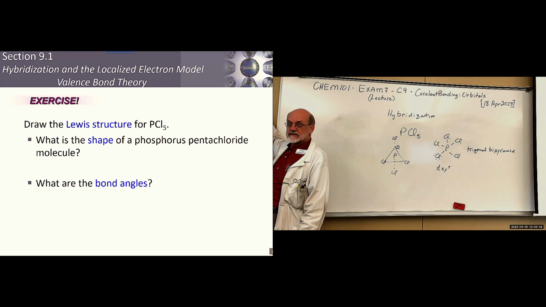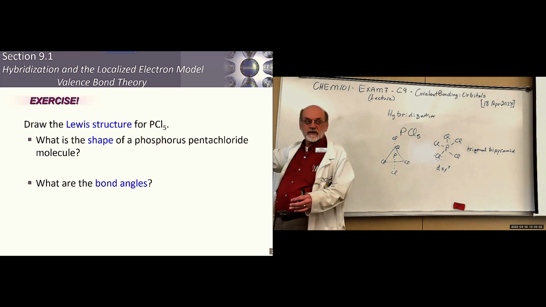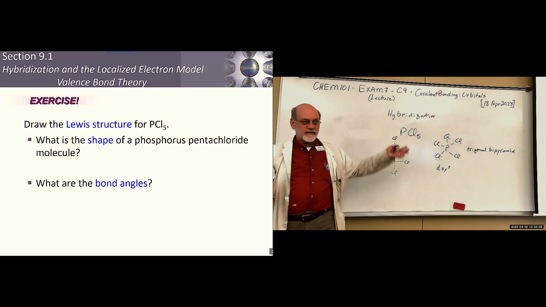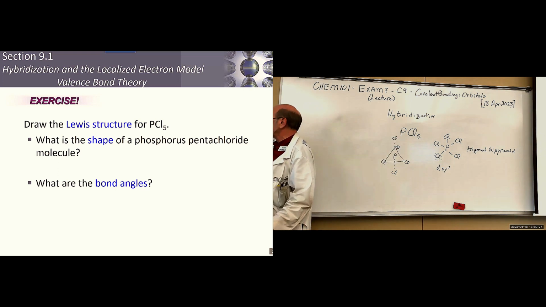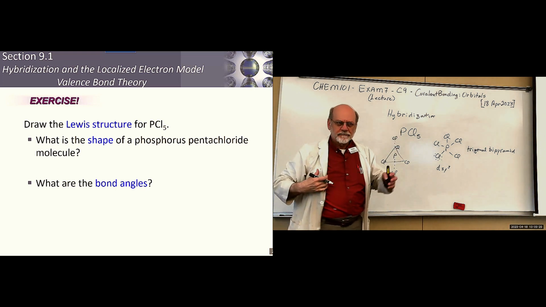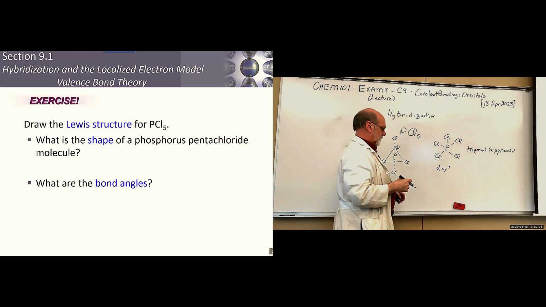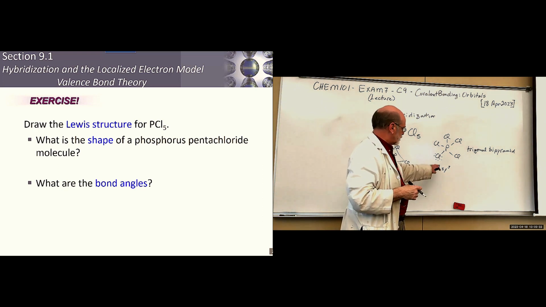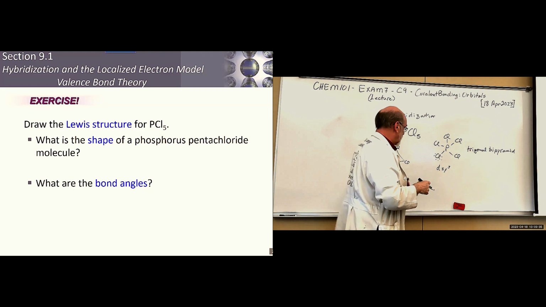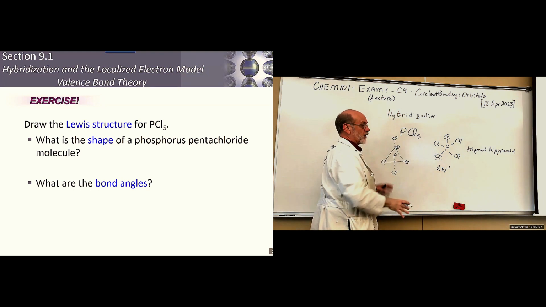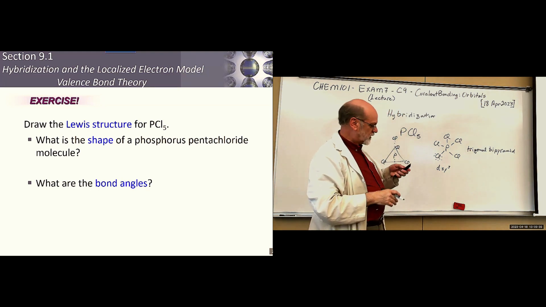It doesn't have access to d orbitals, so they're stuck. And that's okay because we don't see any of this type of structure with these atoms as central atoms. So dsp3 gives you 5 hybridized orbitals and accounts for a trigonal bipyramid with bond angles of what?